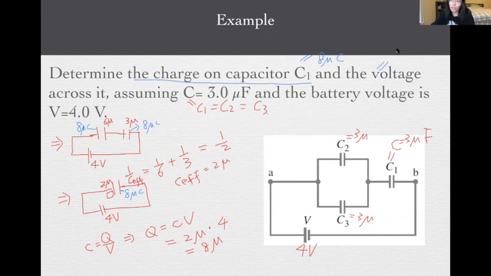We can find V by C equals Q over V, so V equals Q over C. Q is 8 microcoulomb, and C is 3 microfarad. So the voltage across the first capacitor would be 8 over 3, which is roughly 2.7.